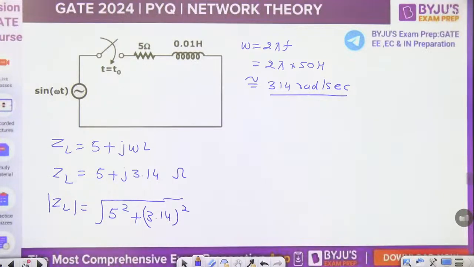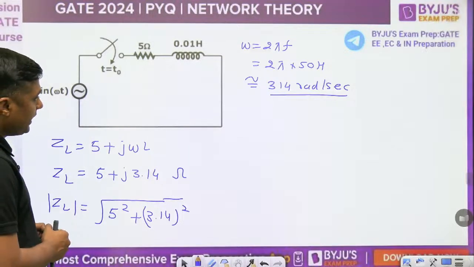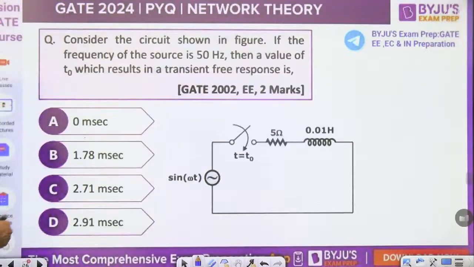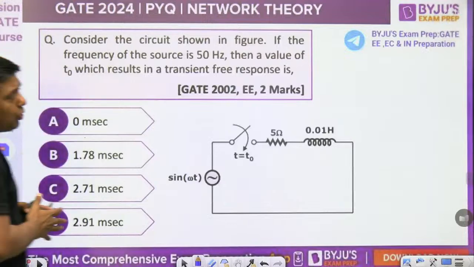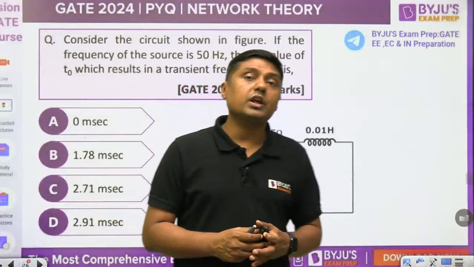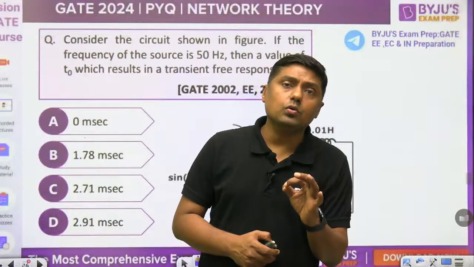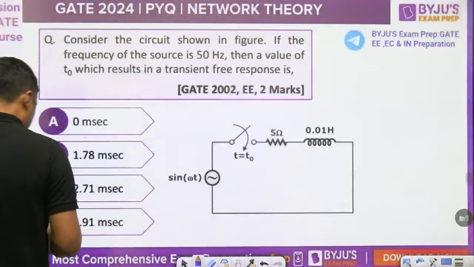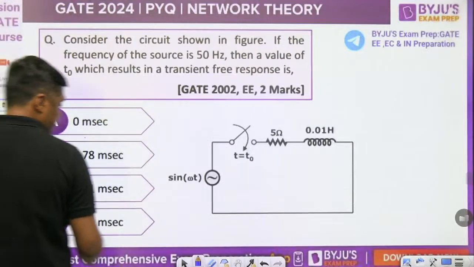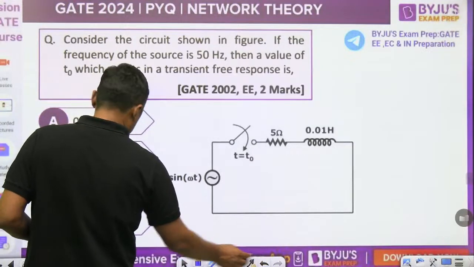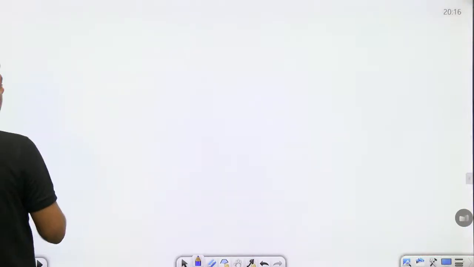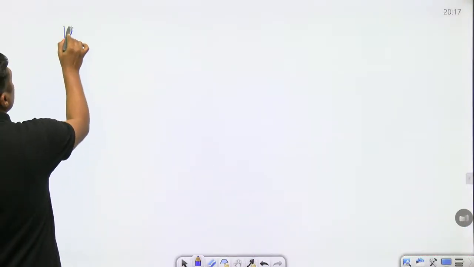Then once the magnitude of ZL is known, what is the steady state solution and what is the transient part? Now remember, this is given when the switch will be closed. When the switch will be closed, so that we are getting what? Transient part is equal to 0. Then watch this. What is the solution for this one? For this type of question, total solution IT.